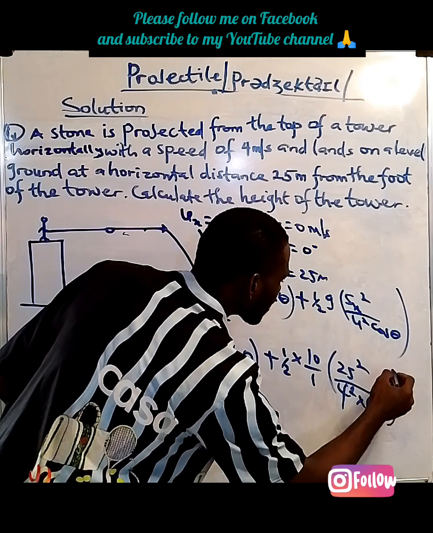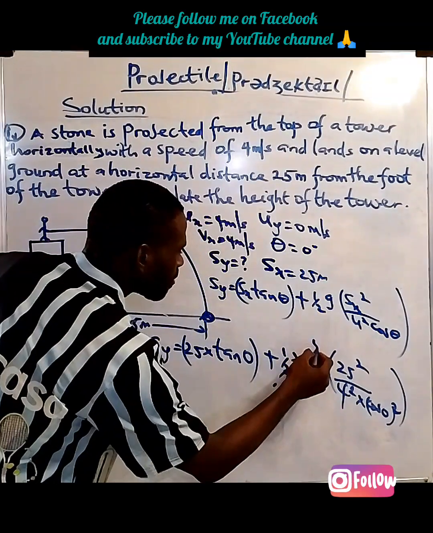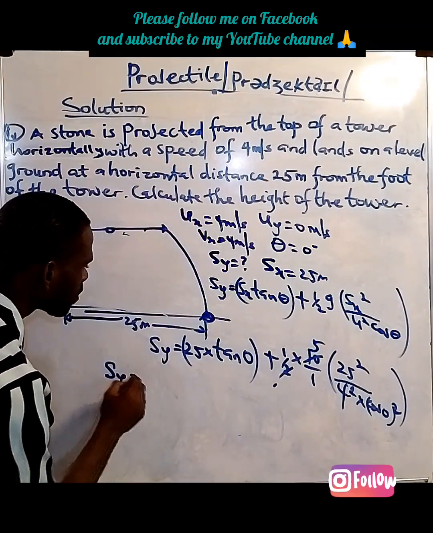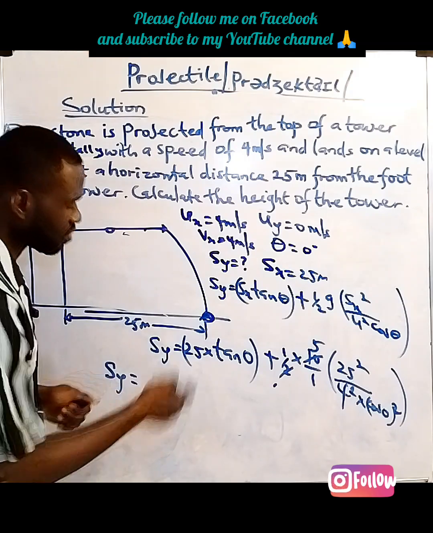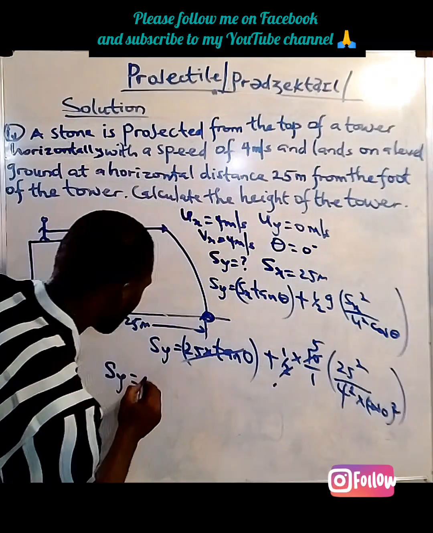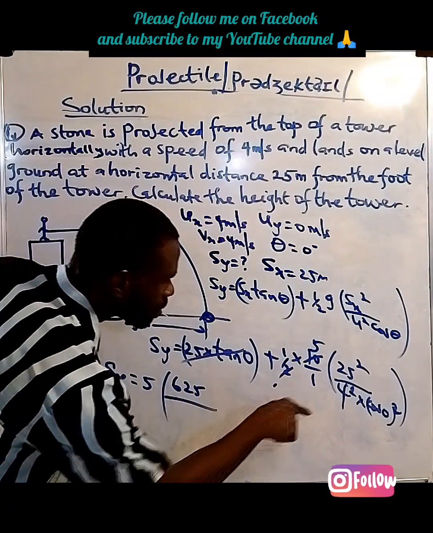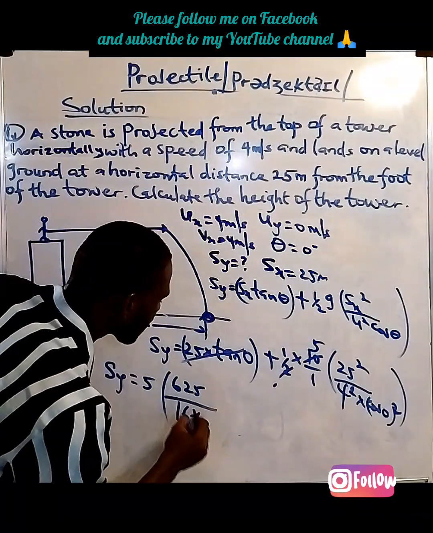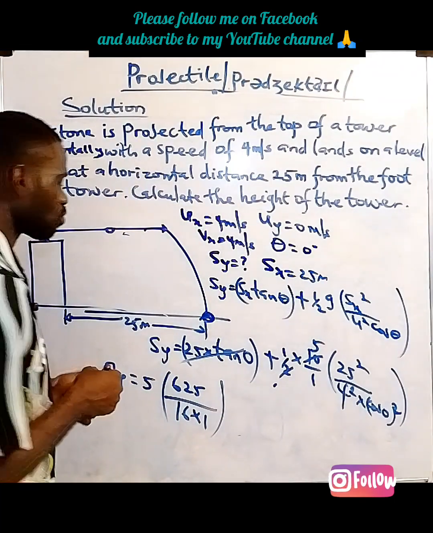Cos 0 is 1, and 1 squared is just 1. So 1 over 2 times 10 gives 5. And 25 times tan 0 is 0, so that term is gone. So we just have 5 out here: 5 times 25 squared, which is 625, over 4 squared, which is 16, times 1.